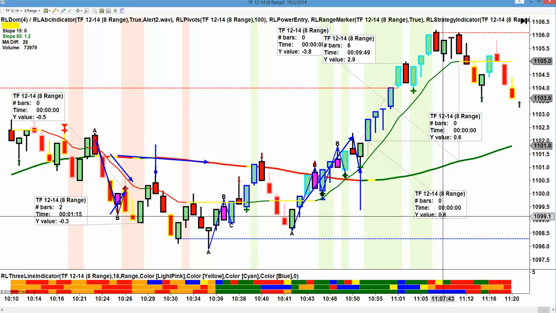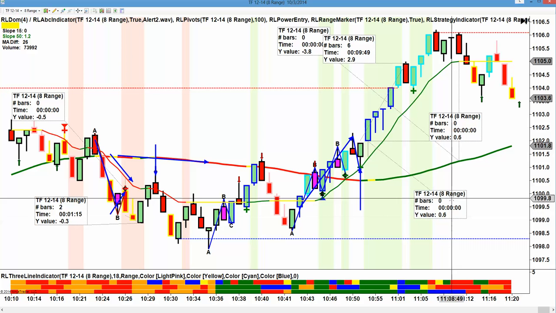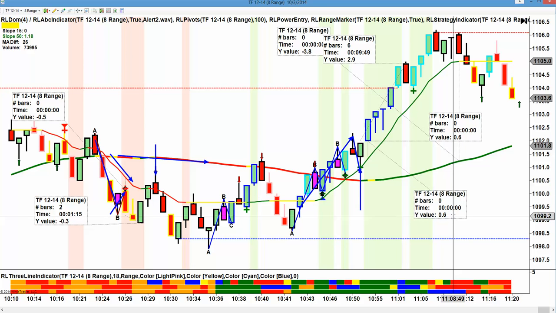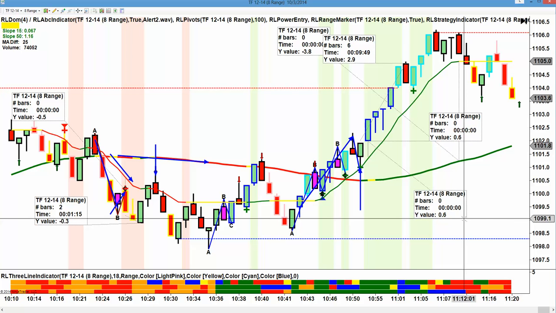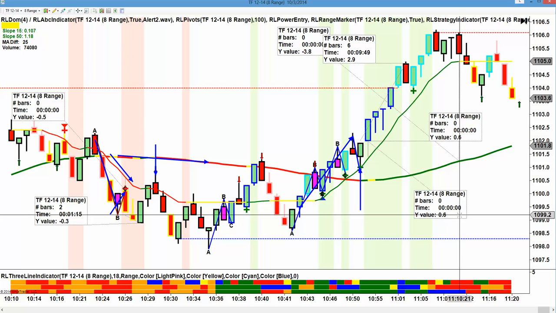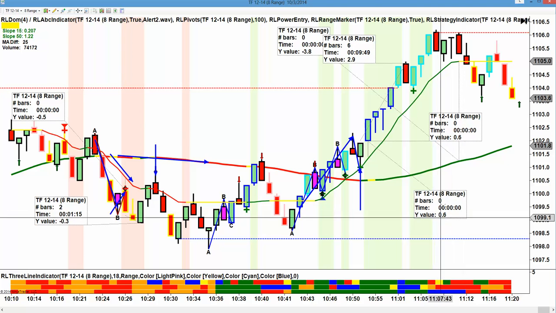The ruler gives you the Y value, which is simply the number of ticks. That's all it displays. Right now this is all it's reading out for me. It's not giving me a time.